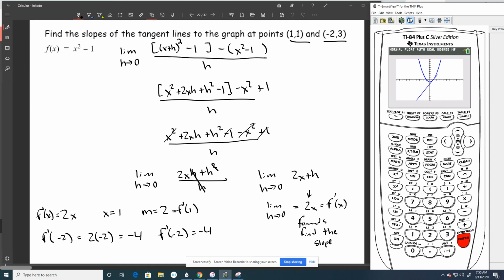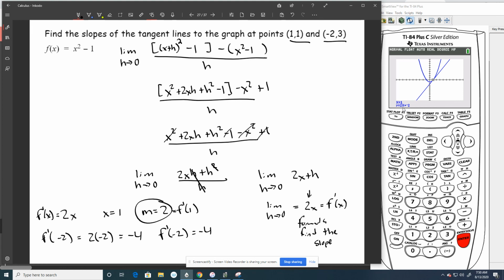So when x is equal to 1, there's my tangent line, and it gives me the formula. The formula is 2x plus negative 2. Oh, sorry, that was my slope. My slope was 2. So my slope at 1 is 2.